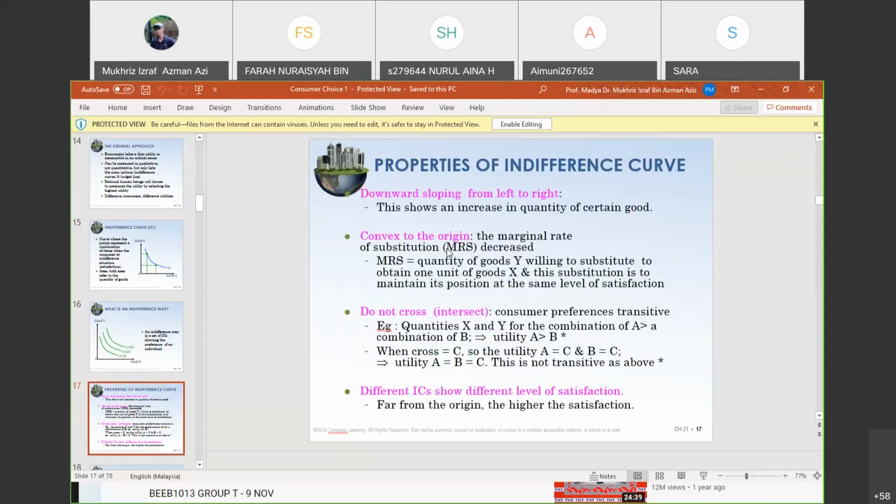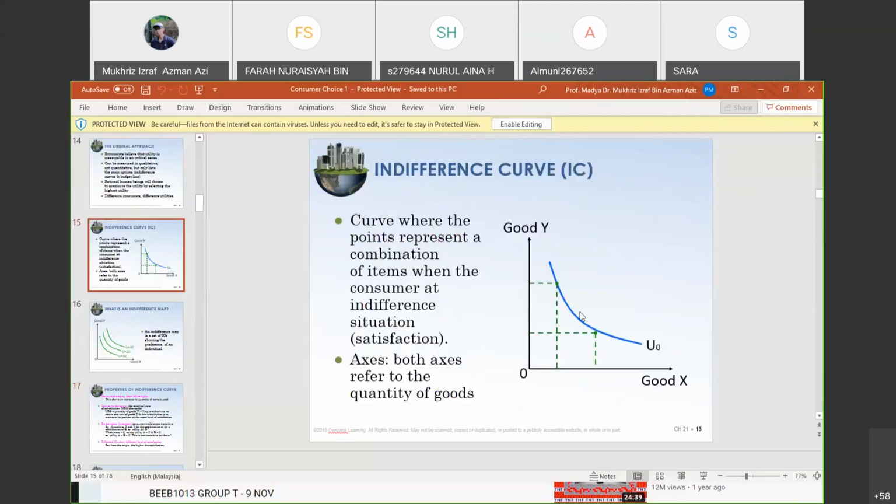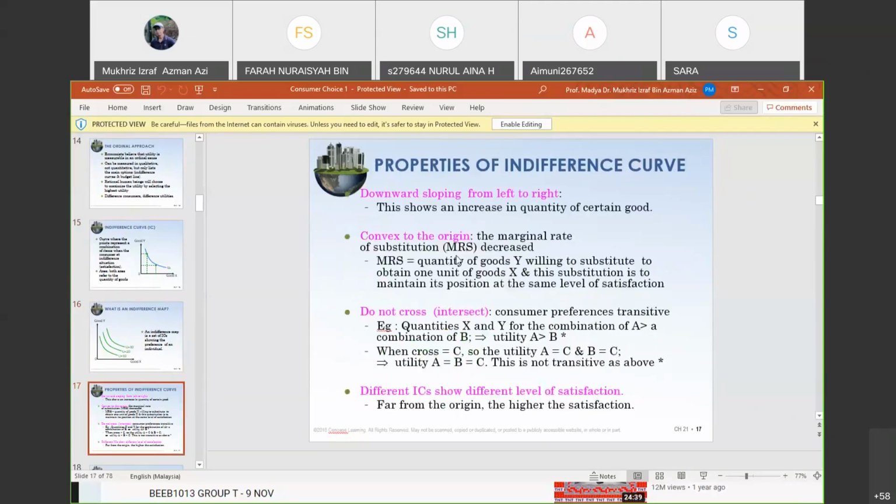Or in the specific term, we call it the slope, kecerunan. It measures the slope of the indifference curve. So the slope of the indifference curve is called MRS, marginal rate of substitution. You can see this definition here: how much good Y you need to let go in order to increase more of X, just like the concept of opportunity cost.